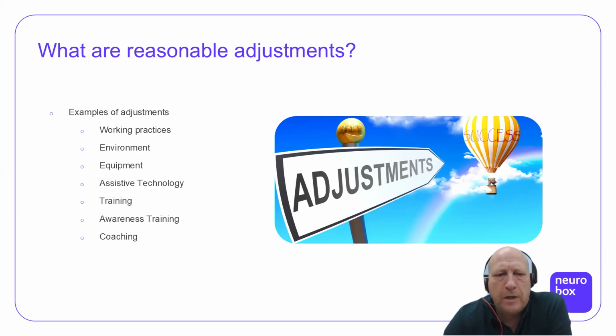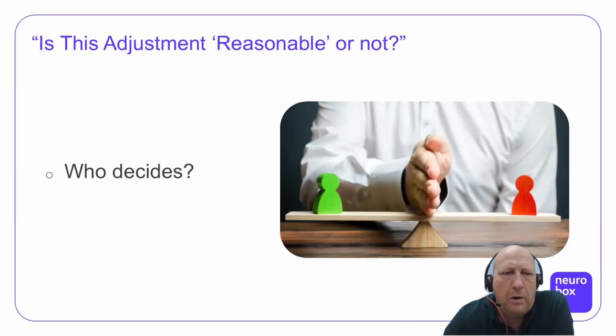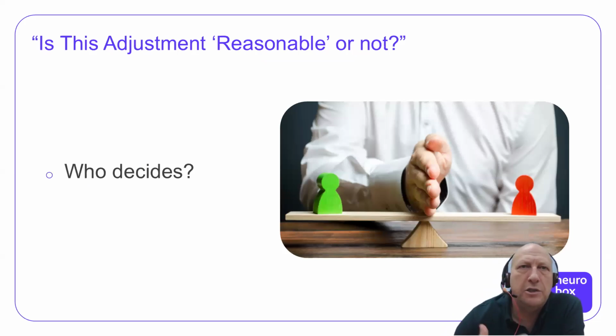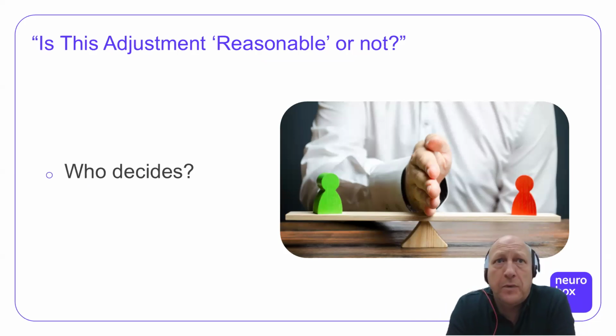Okay, so moving on, that's what we mean by adjustments. But what do we mean by reasonable? Who gets to choose, who gets to decide whether a particular adjustment is reasonable or not? Because don't forget, the employer is obligated to make reasonable adjustments.